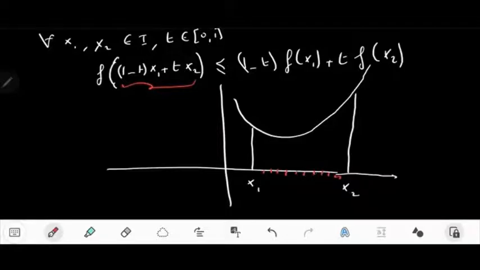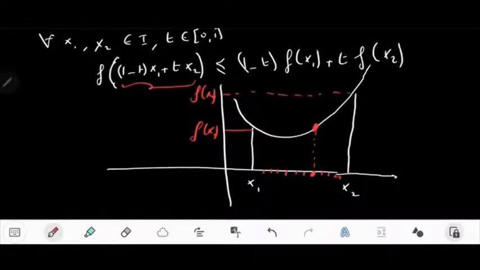Okay, let's take this point. Its image on f will be less or equal than (1 minus t) f of x1 plus t f of x2. F of x1 is in here. This is f of x1. F of x2 is in here. Okay, so (1 minus t) f of x1 plus t f of x2 is a point between f of x1 and f of x2 as well, for the same reasons as before.